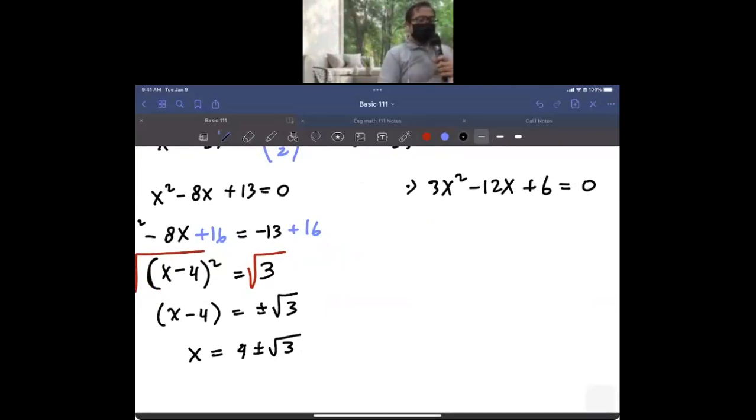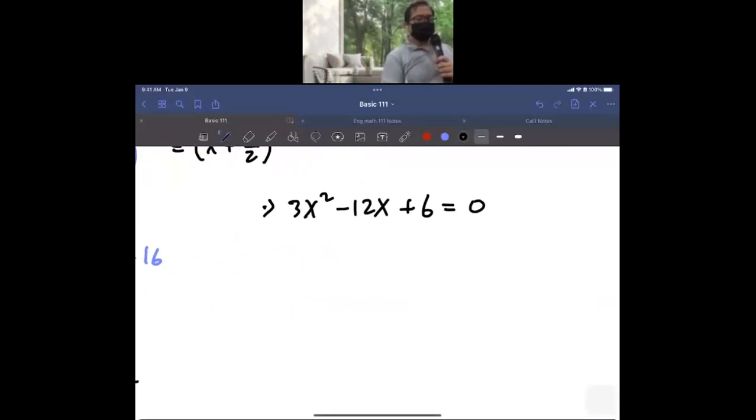Okay, now back to the second question here. What we can do from here is divide everything by 3. So it becomes x squared minus 4x plus 2.